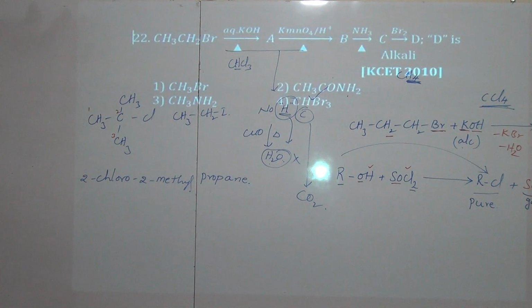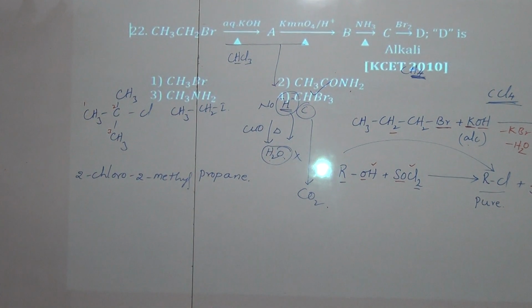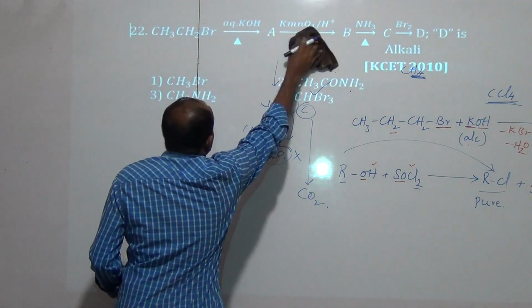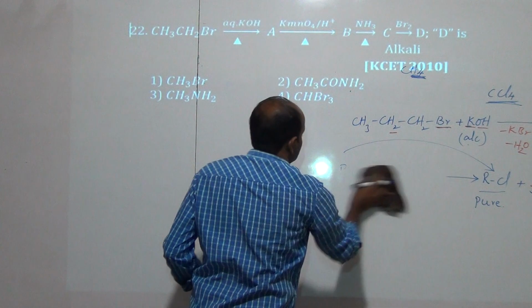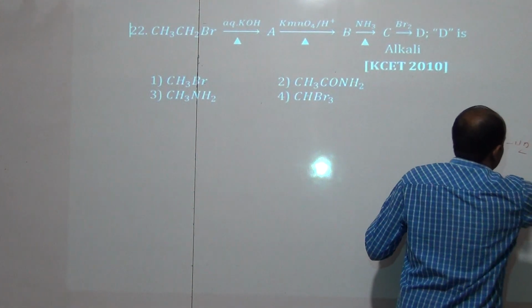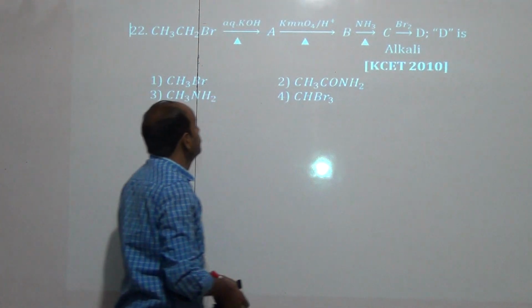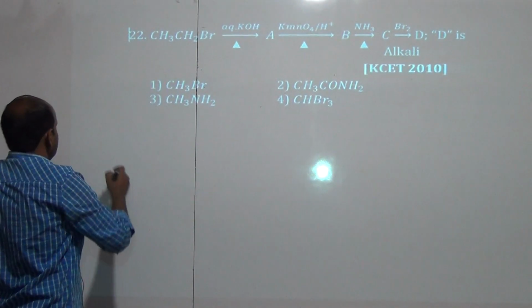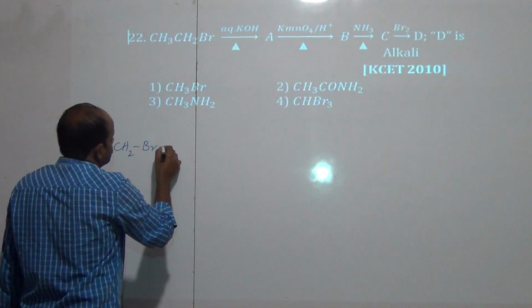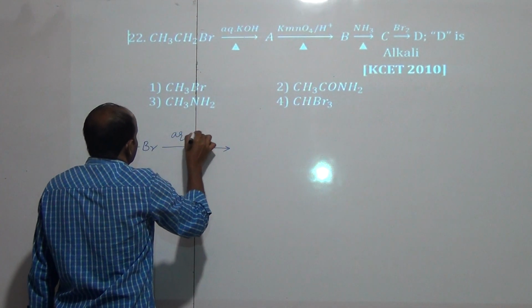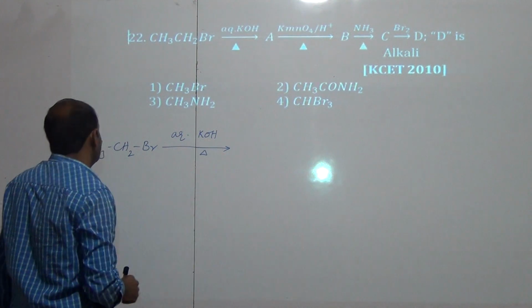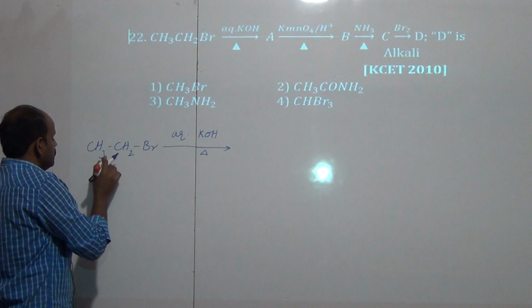Next one. Read the question. They give CH3CH2Br, aqueous KOH, with heating.